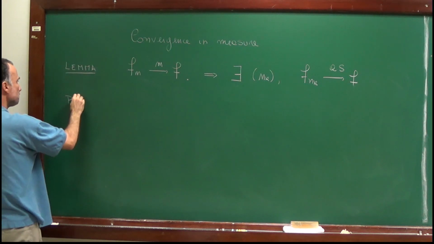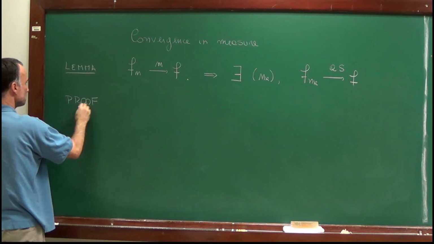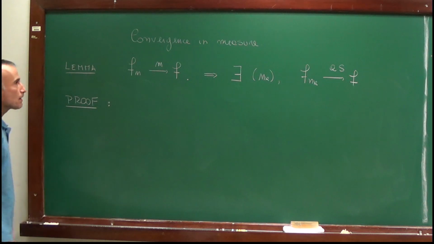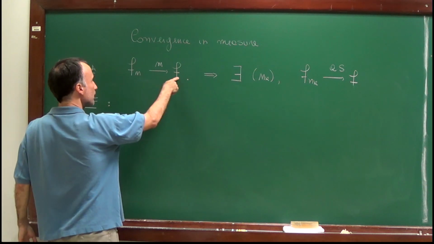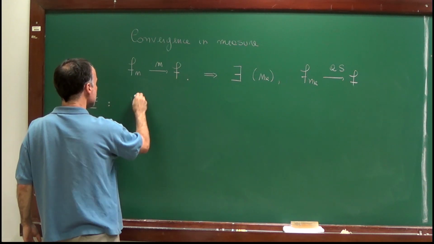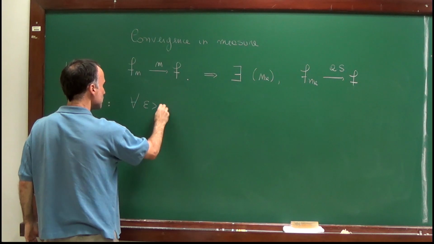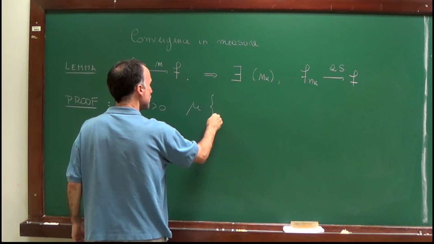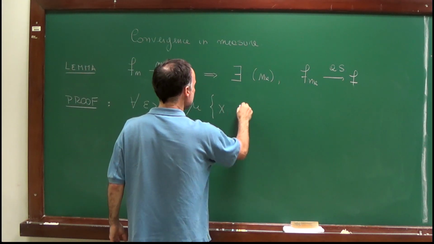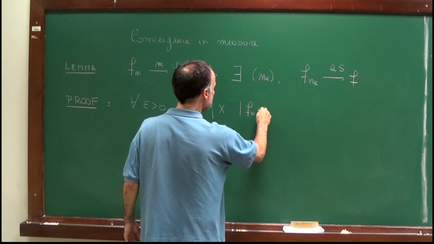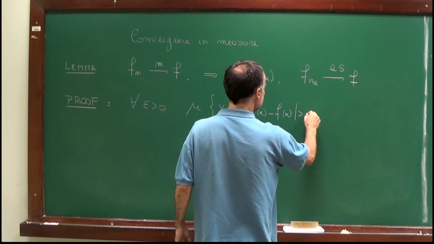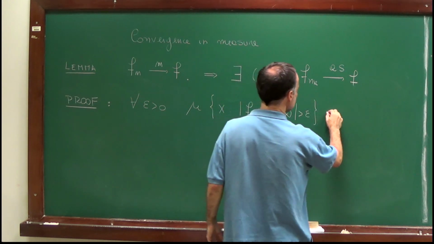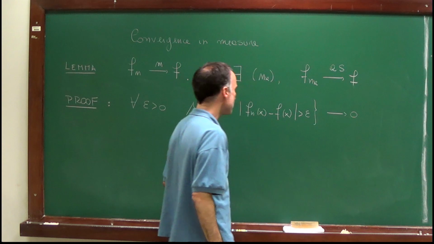So proof. What we know is that Fn converges to F in measure. This means that for all epsilon positive, the measure of the points x such that |Fn(x) - F(x)| is larger than epsilon converges to 0 as n goes to infinity.